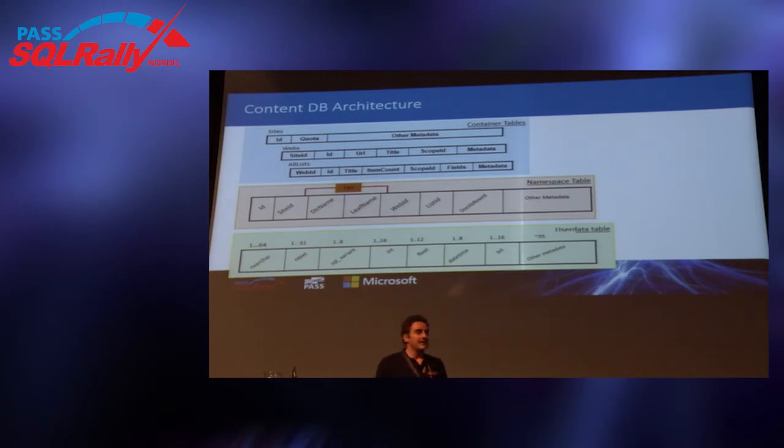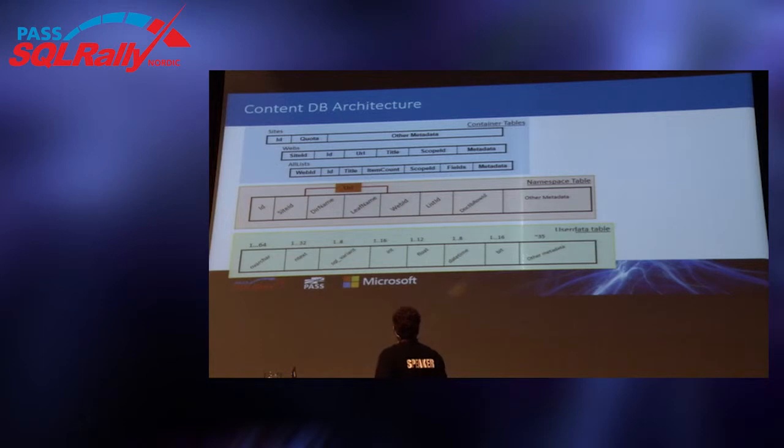If we look at the content database architecture, the blue box is about the containers: the sites, the webs, and the lists. The second one contains the namespace for the elements. So the web ID and the site ID compose the URL of a SharePoint list.